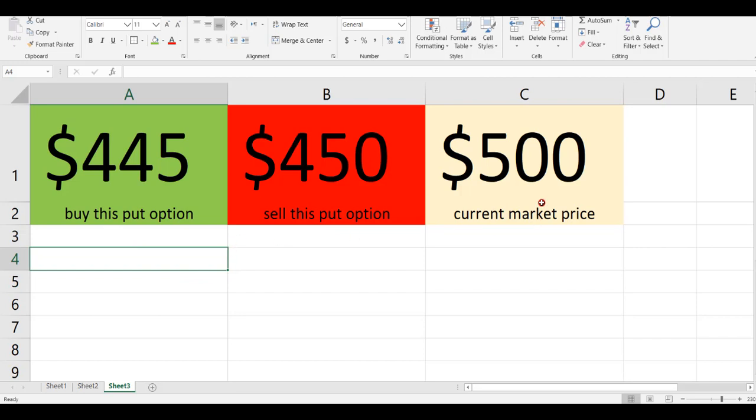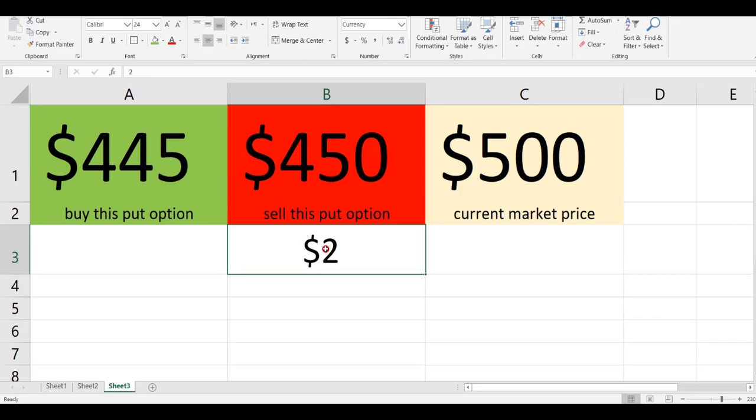So for example, if a stock is trading at $500 and you think that at expiration, 30 days later, the stock will be trading above $450, the trade you can make is to sell a put option at a $450 strike, collect $2, but then buy the $445 put option and pay, let's say, $1. So your net credit in this case is the difference, $2 minus $1. So you collect $1 from this trade.